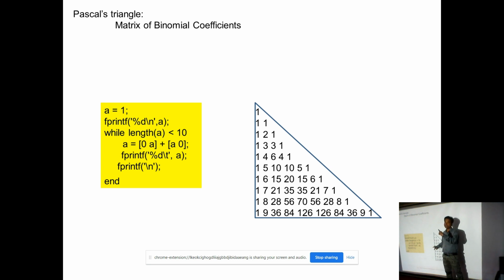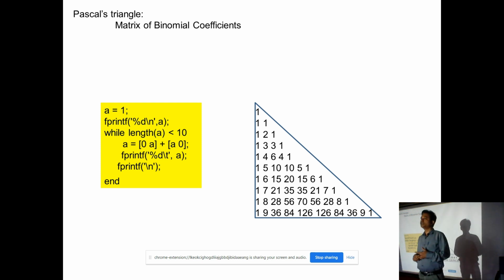Now that will be the next a. Now what could be the next a? 0, 1, 3, 3, 1 plus 1, 3, 3, 1, 0. Add it. Matrix addition. You will get 1, 4, 6, 4, 1. Is it not the logic?